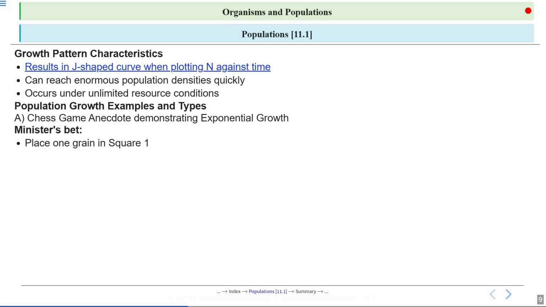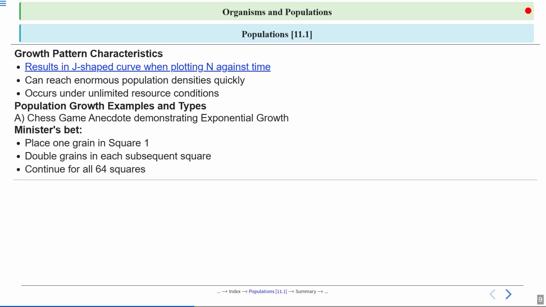So what was the minister's bet? He said you have to place 1 grain in square 1, then double grains in each subsequent square. Here you can see the doubling effect. The doubling effect is a hallmark of exponential growth, where each step builds significantly on the previous one.